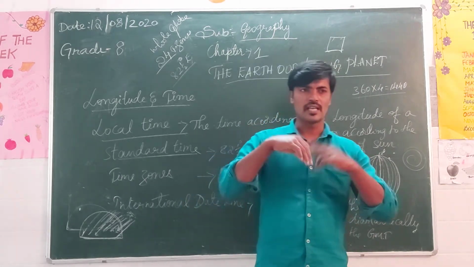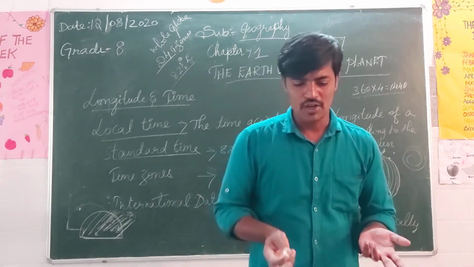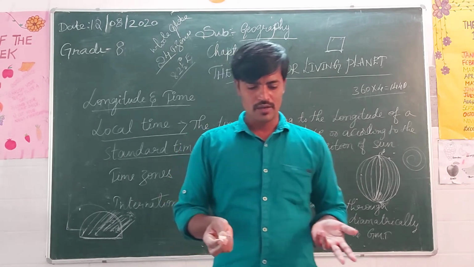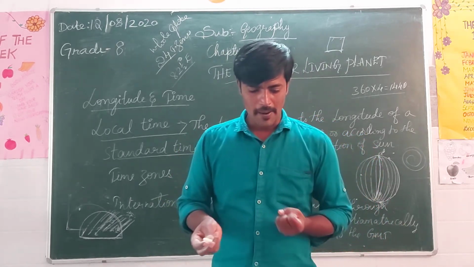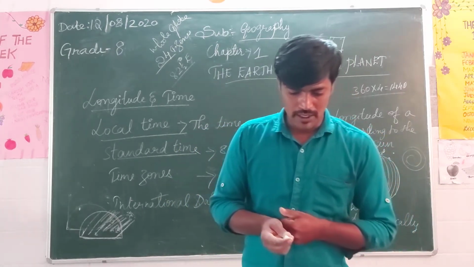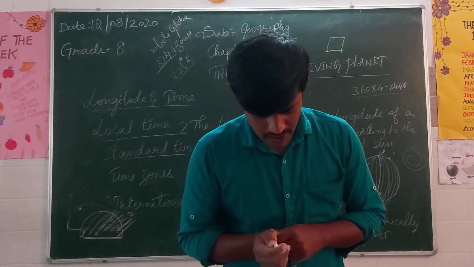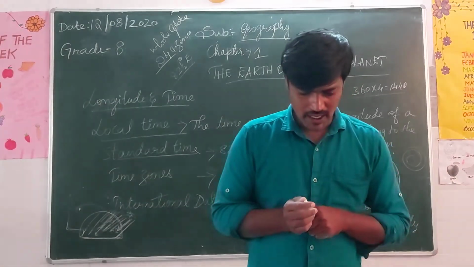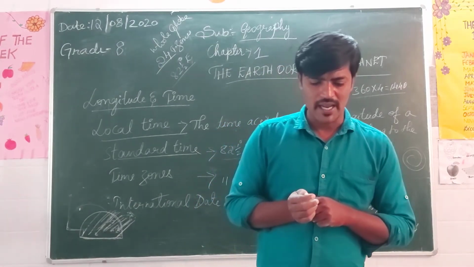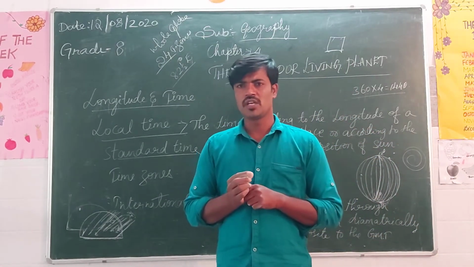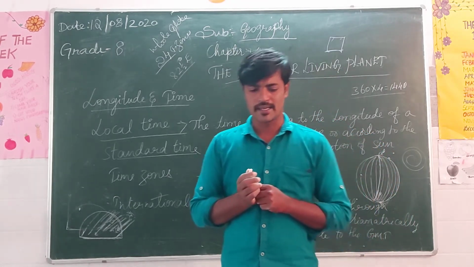In one country the same standard time is followed, in order to avoid confusion. Uniform time will be followed. The Indian Standard Time, IST, is 5 hours and 30 minutes ahead of GMT. GMT means Greenwich Meridian Time.